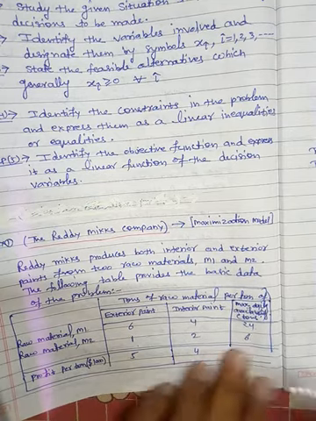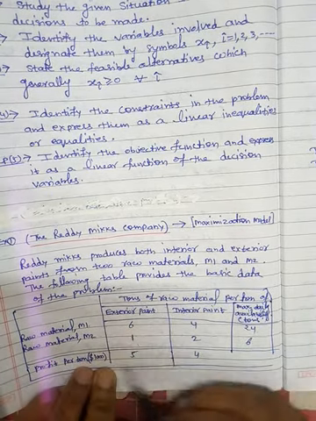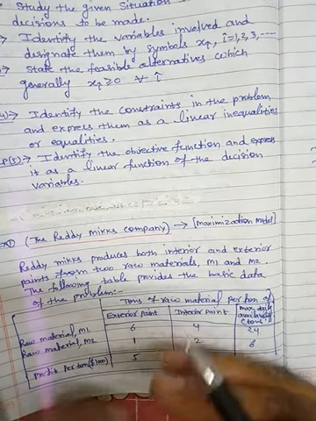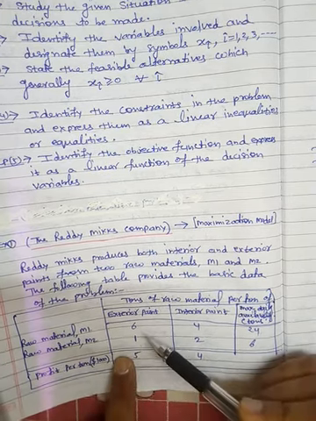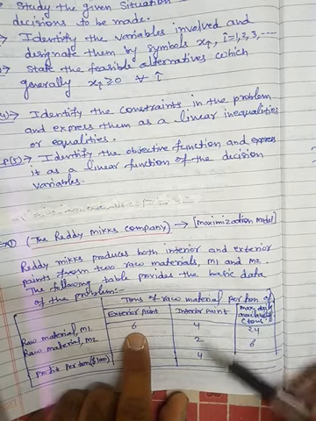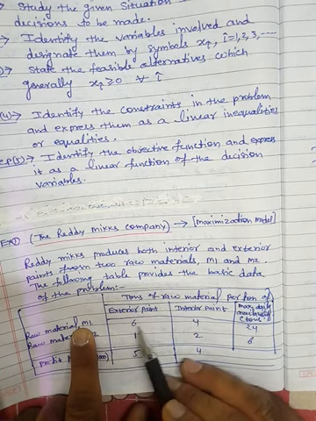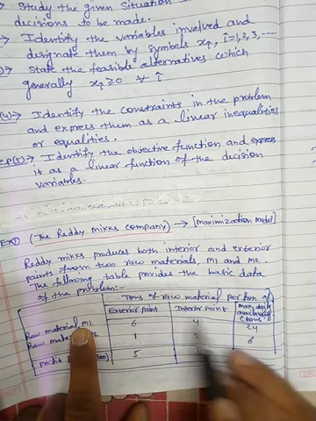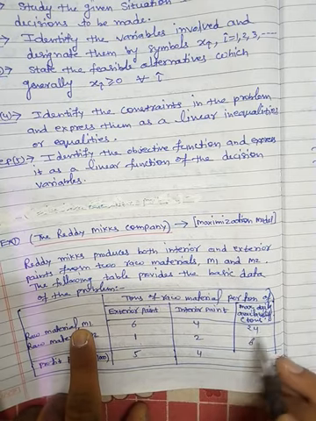So if x1 is the amount of exterior paint, produced using this ratio, and similarly x2 amount of interior paint is produced with this ratio, then obviously M1 used is 6 into x1 plus 4 into x2, and this total amount of M1 should be less than or equal to 24, because this is the total daily availability.